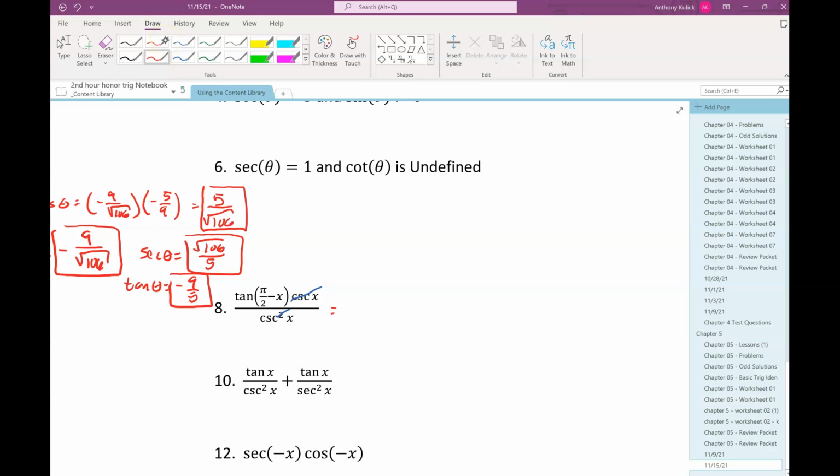And at the same time, I'm going to use my cofunction identity that says tangent is equal to cotangent of the complement. Anyways, I'm using the cofunction identity to get to here. Is that okay, Taylor?